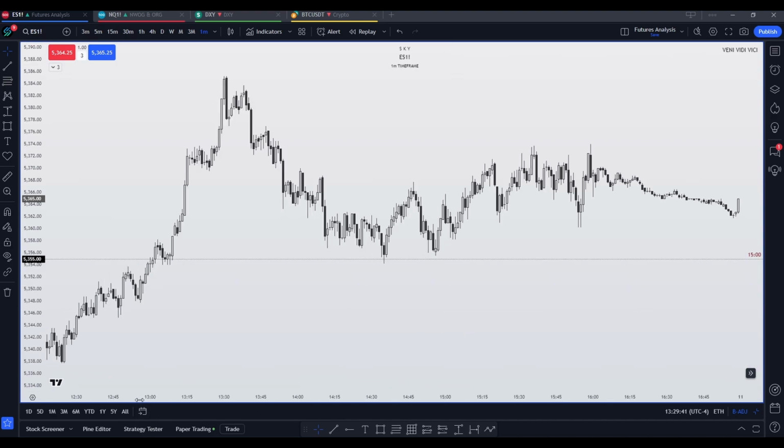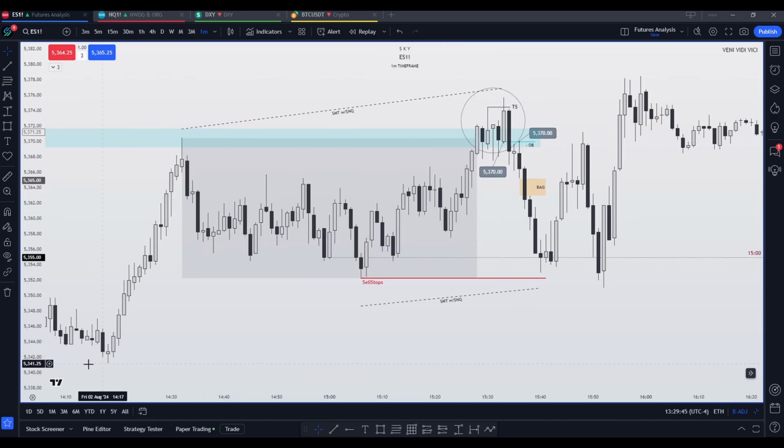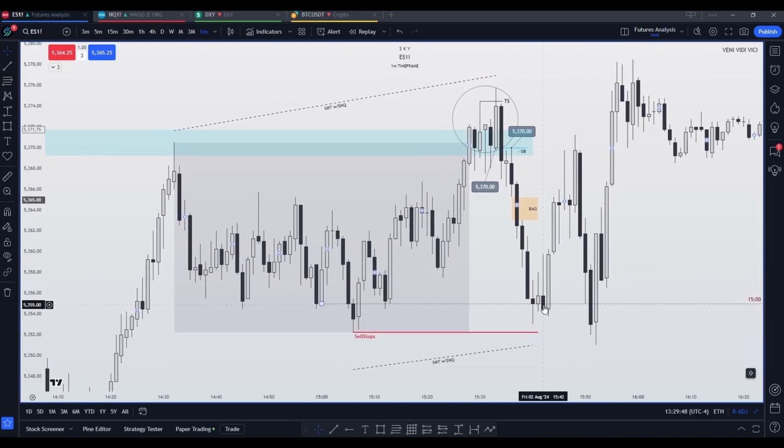We drop to a 1 minute. We mark up the 1500. That's the first thing we want to see on the day.